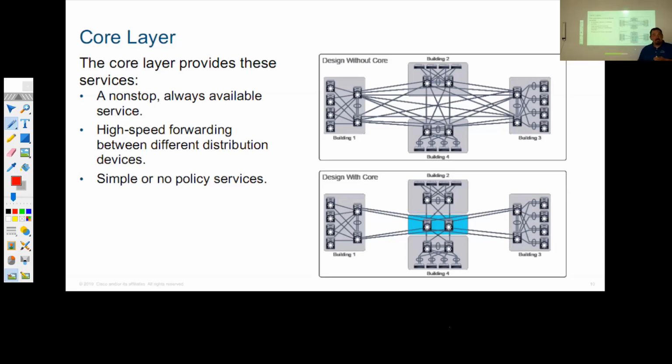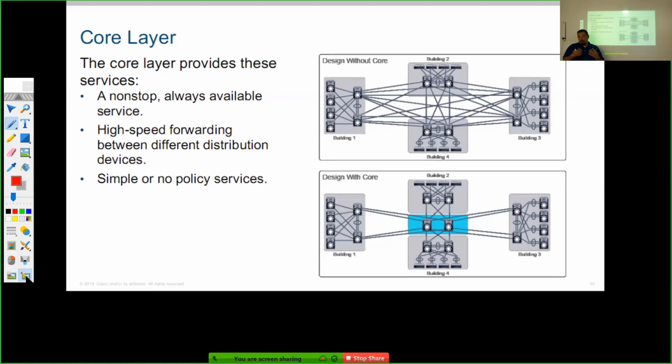Now, you can kind of determine whether or not you need a core device. Without core devices, what we have is, they call it a collapsed core. Okay? So let's say in this case right here, we got just 2 different buildings. I'm going to say we have building, they show building 2 and 4 to begin with. Okay, let's just say that we have those 2 buildings.